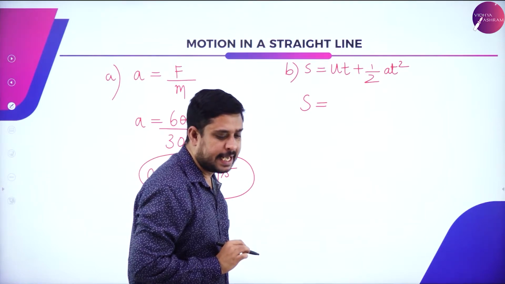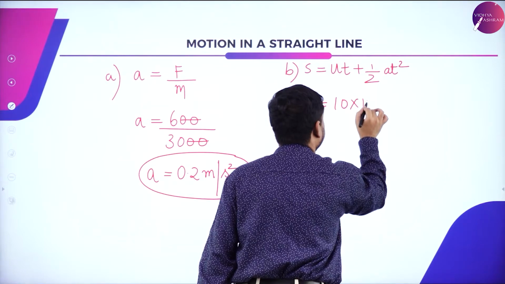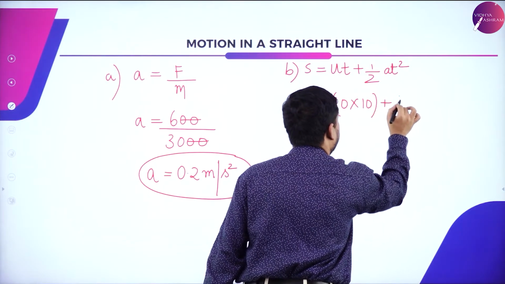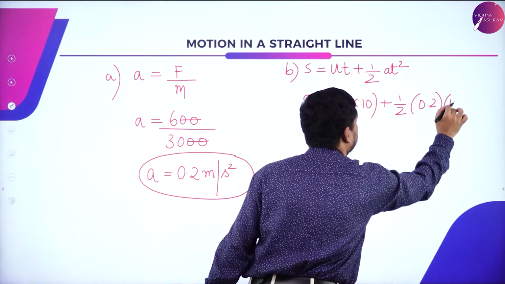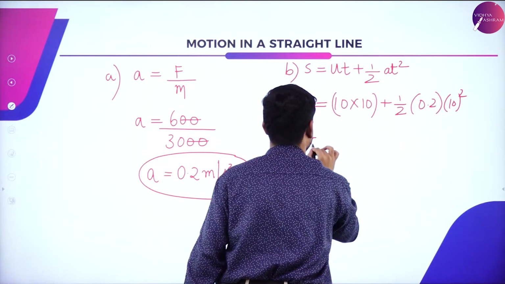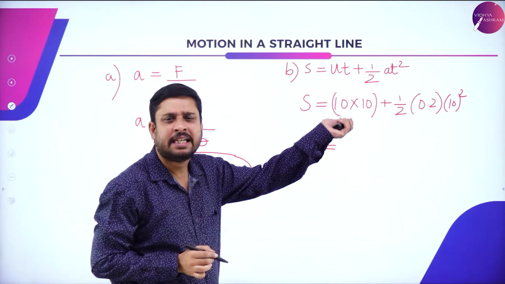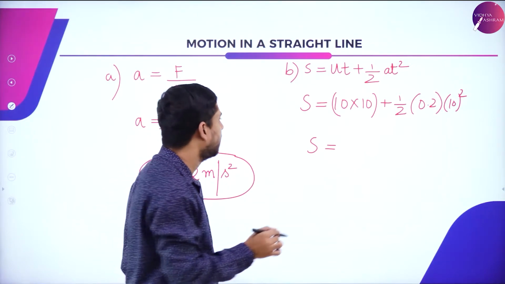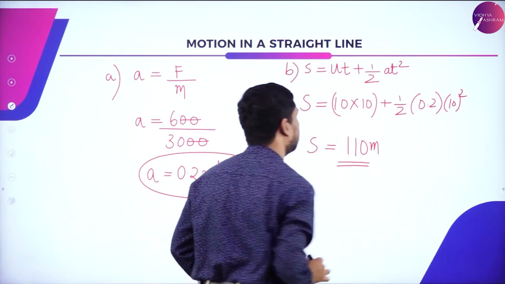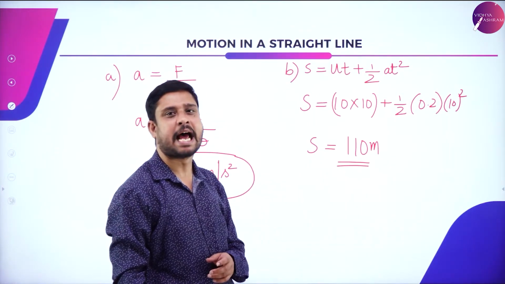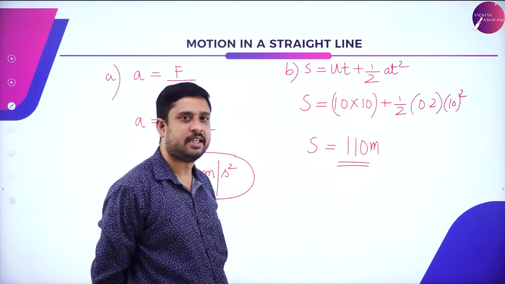So U is taken to be 10 meter per second, plus half into 0.2 into 10 square. Again, on simple simplification, these are all time-saving problems. S turns out to be 110 meters. So the distance traveled at the end of 10th second is 110 meter.